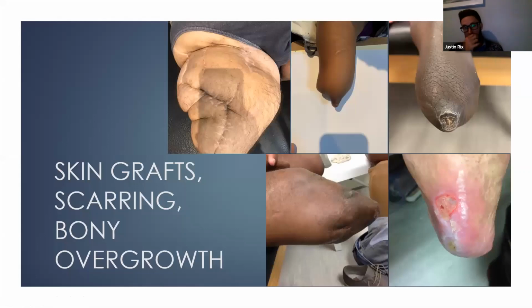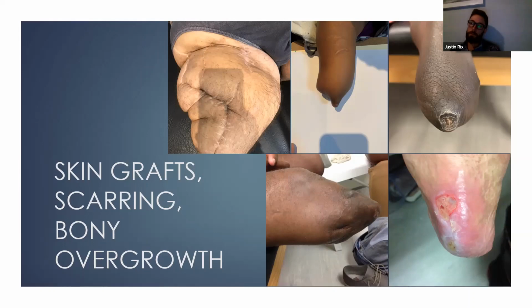So we then move on to the grafts, scarring, and bony overgrowth. Again, Maritz covered a little bit of this earlier. Along with the fasciocutaneous flaps and free flap techniques, skin grafts are a viable option in modern amputation surgeries and prosthetic fittings.